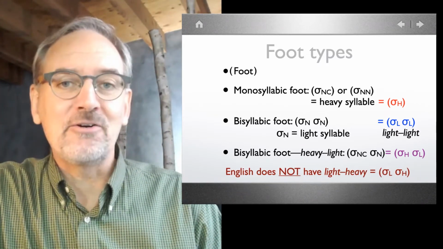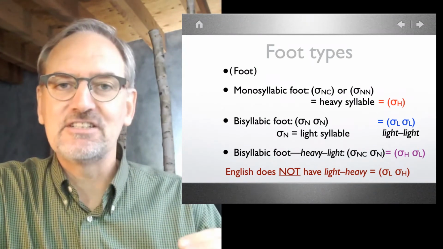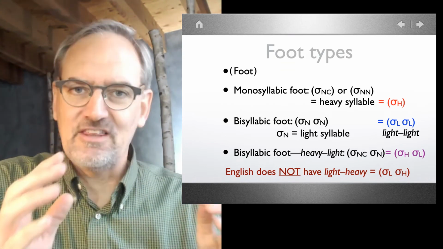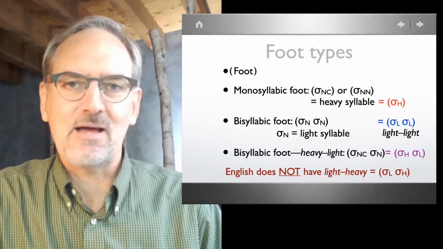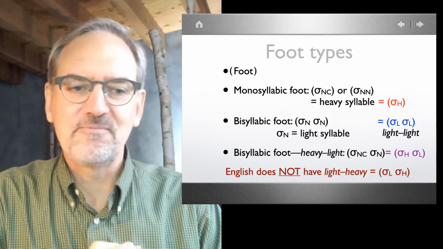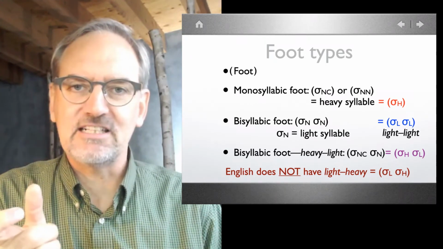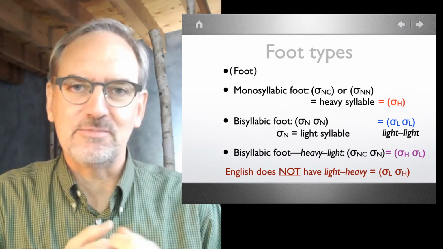Right? Now, it's important to remember that English foot structure is restricted to these two types of bisyllabic feet. Light-light, heavy-light. English does not have any feet that are a light syllable followed by a heavy syllable.